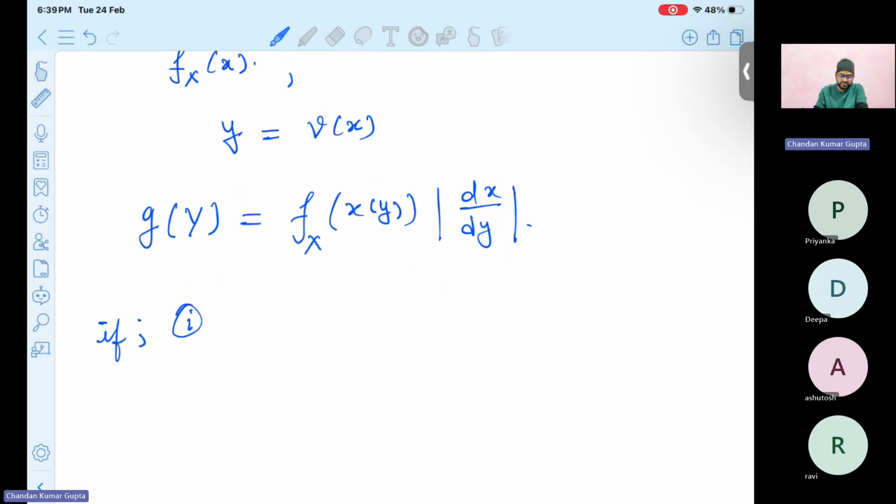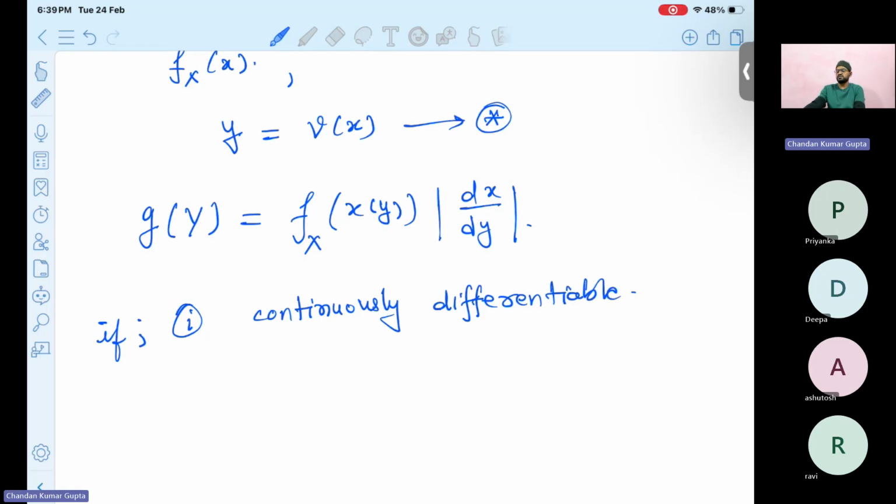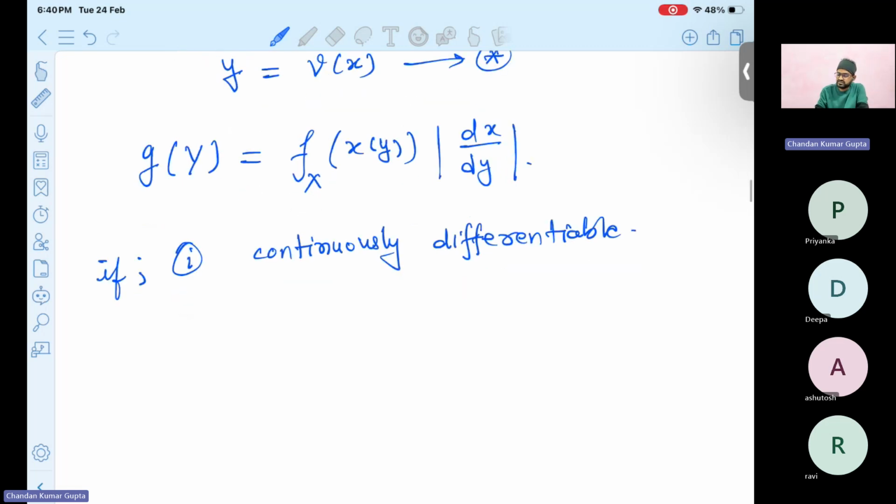The first one is that the function y equal to v of x is continuously differentiable, which implies its derivative is continuous. And the second condition is that it is either non-decreasing or non-increasing.